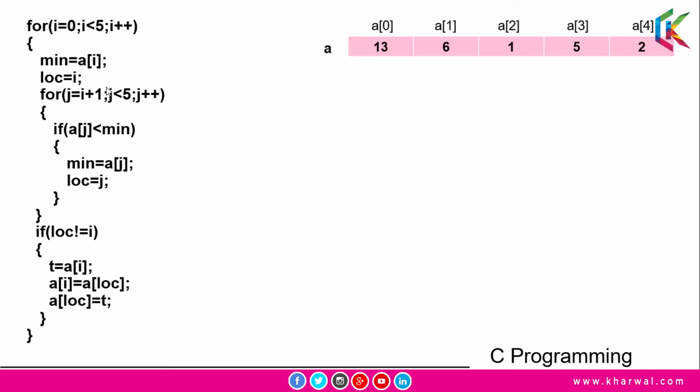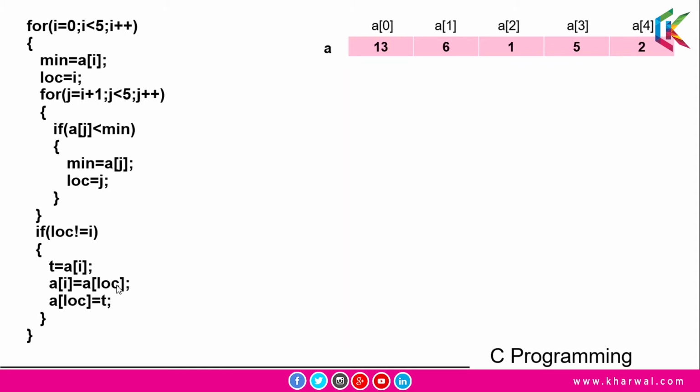Now control will come out of this for loop of j and go to this if condition: if LOC is not equal to i. We got the minimum value at A[2], so the value of LOC is 2 and the value of i is 0. So 2 is not equal to 0, and this condition is true. Now the value at A[0] and the value at A[LOC] will be swapped.